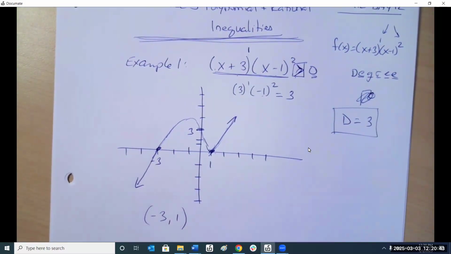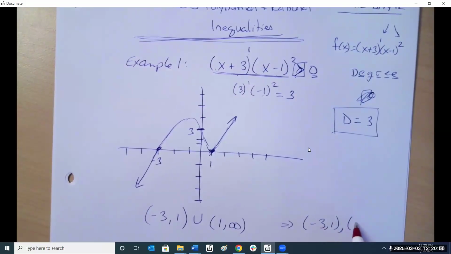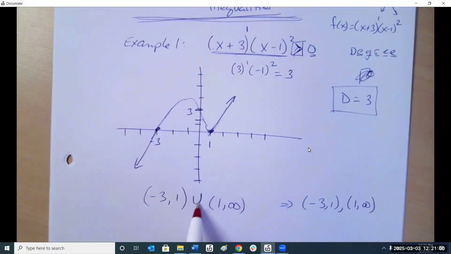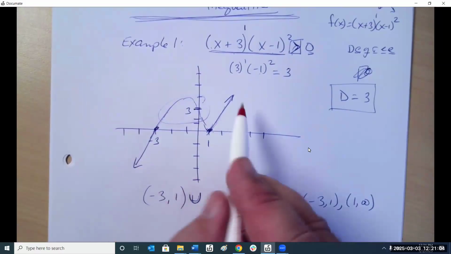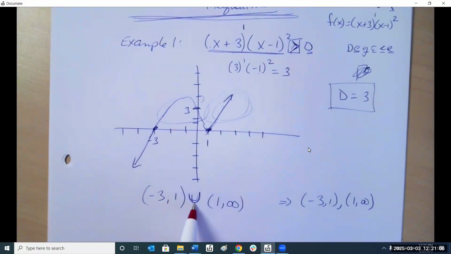And then where else? 1 to infinity. And it's a union. The computer is going to ask for a comma, but it's supposed to be union because your answer is actually any value here or here. And that's what that symbol means.